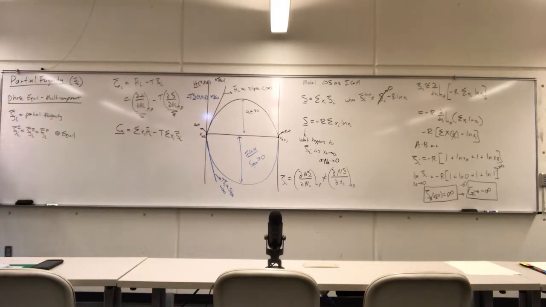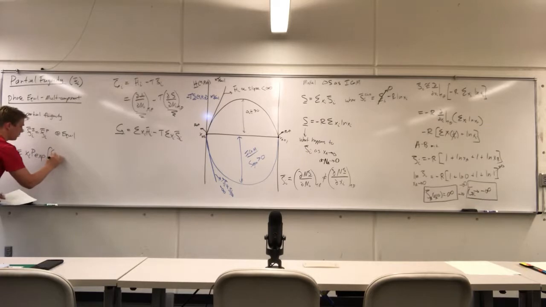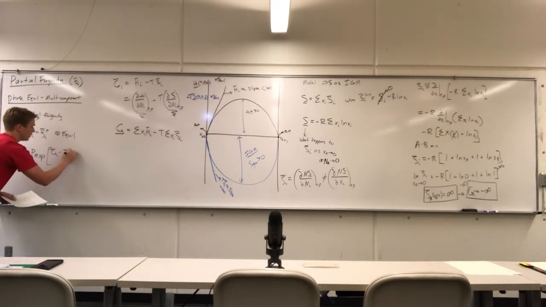So it'll have exactly the same properties as the partial Gibbs. And how we define it then is just a Gibbs departure function that is scaled identically to fugacity. In fact, fugacity is defined based on the partial fugacity.